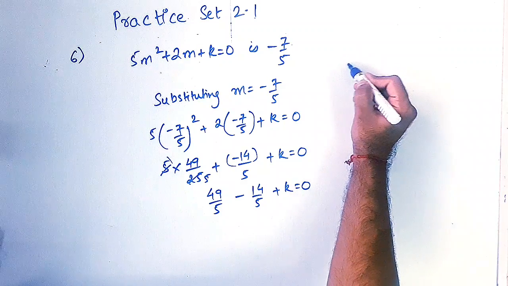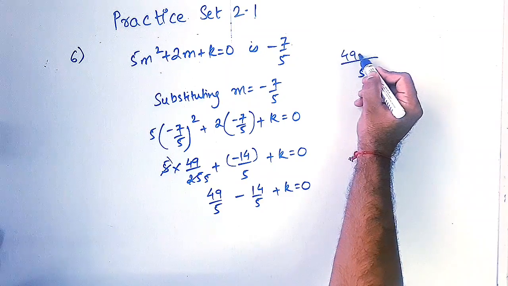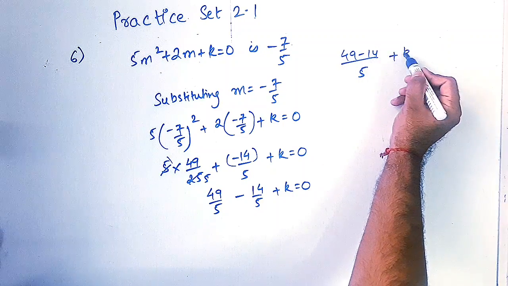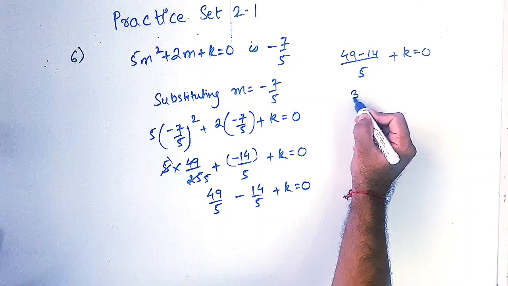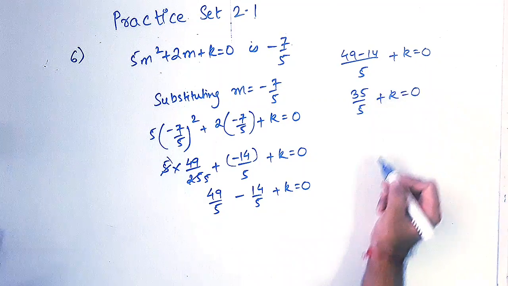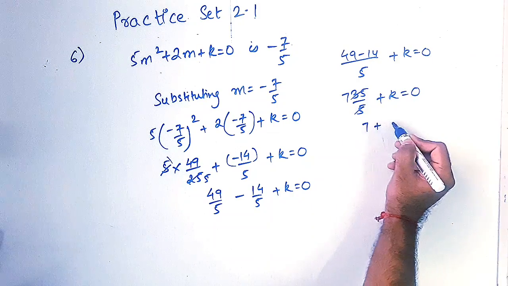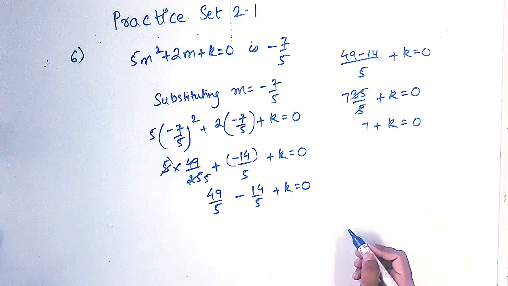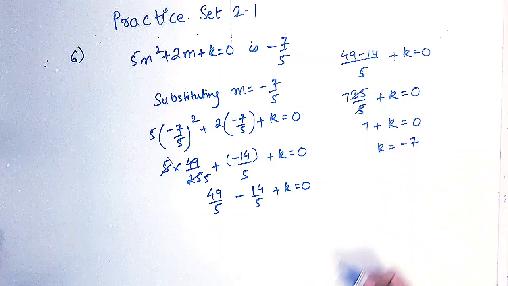Because the denominator is common, I'll take a single denominator. 49 minus 14 plus k equals to 0. What is 49 minus 14? It is 35 upon 5 plus k equals to 0. So you can easily cancel this. So 7 plus k equals to 0 we are getting. If I send 7 there, it has to be minus 7. So the final value of k is equal to minus 7.